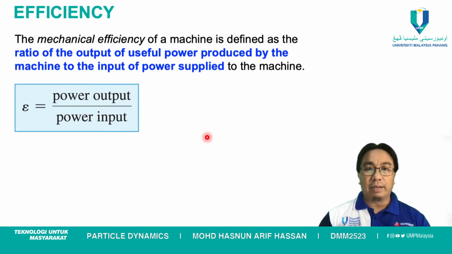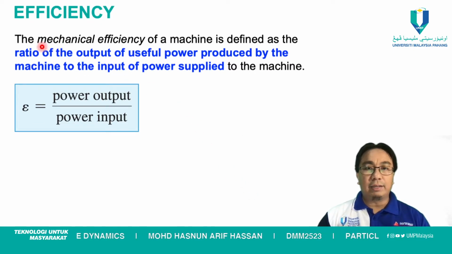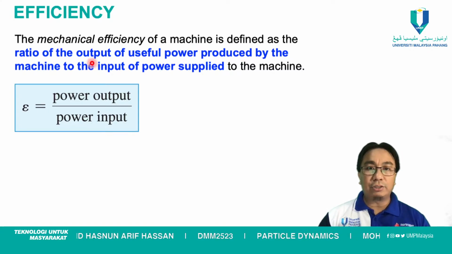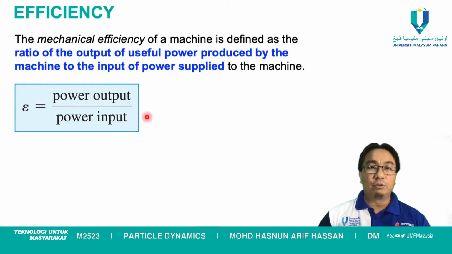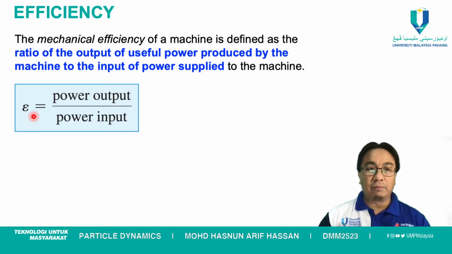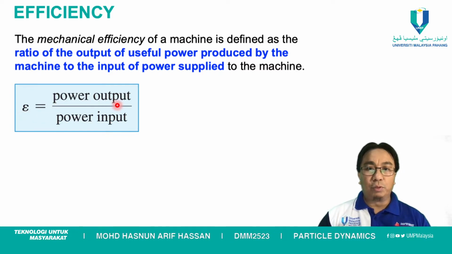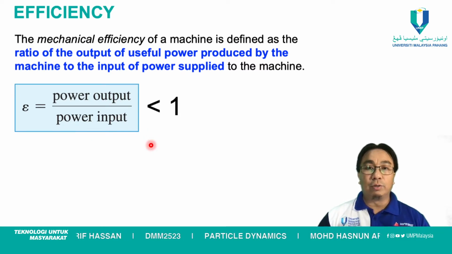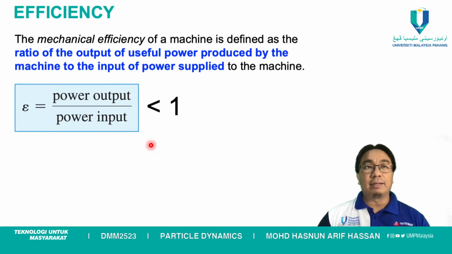Now let's look at the efficiency. The mechanical efficiency of a machine is defined as the ratio of the output power produced by the machine to the input power. So basically the efficiency, given by this Greek letter E, is the power output divided by the power input, and it must be less than 1.